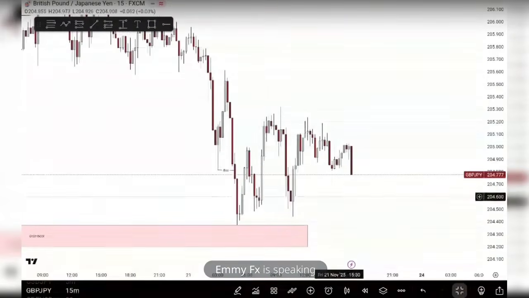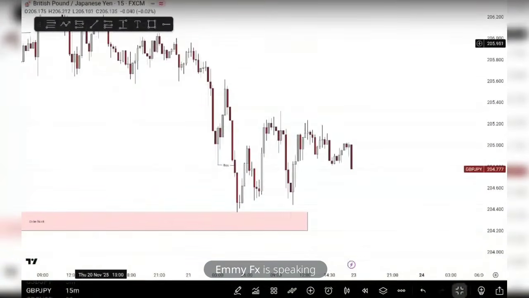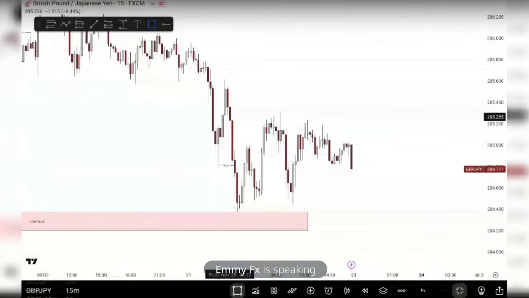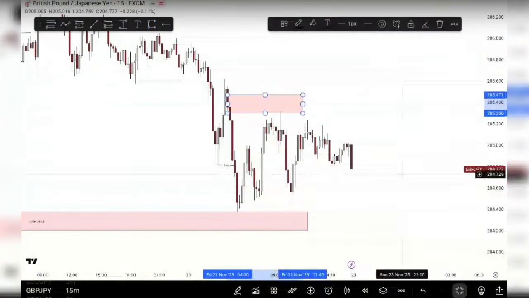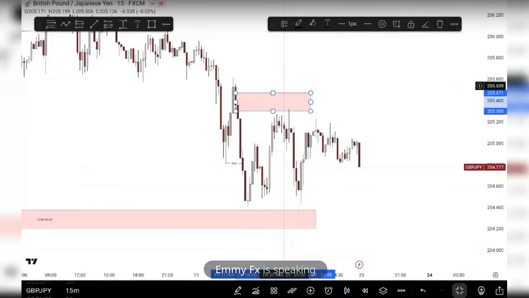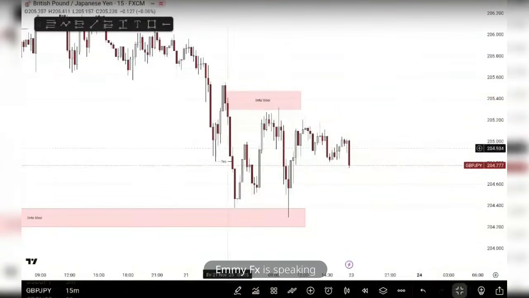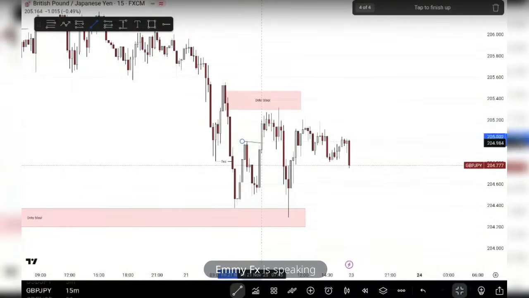Right? And I want to let you know where price reacted up from: the order block that caused the break of structure. Here's the order block that caused the break of structure. So we have this break of structure to the outside.